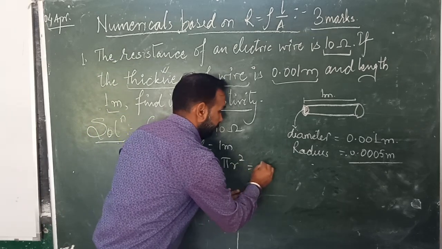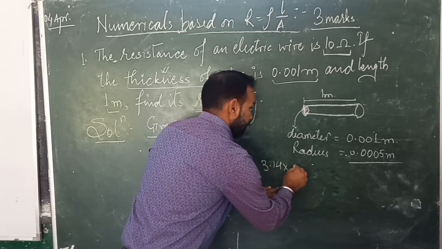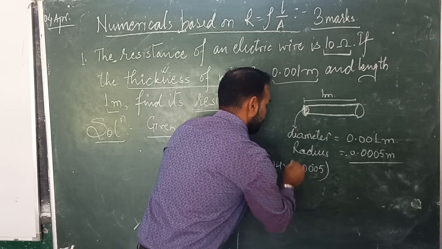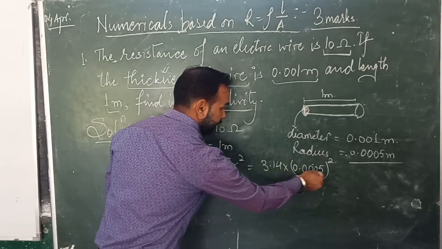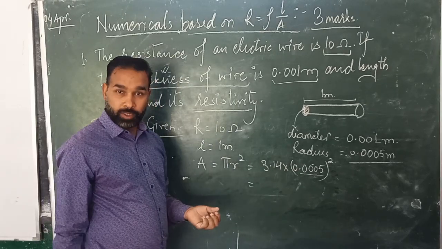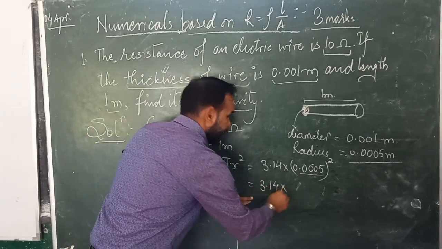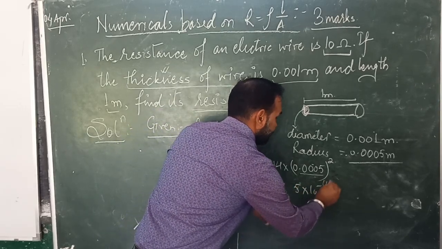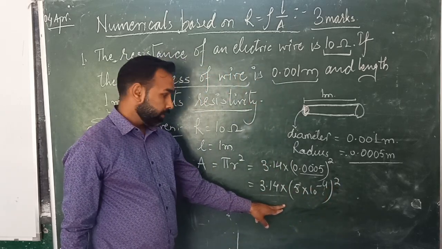So it will be 3.14 into 0.0005 whole square. You will calculate it. You can convert it into the form of an exponent also. So it will be 3.14 into 5 into 10 to the power minus 4, whole squared.